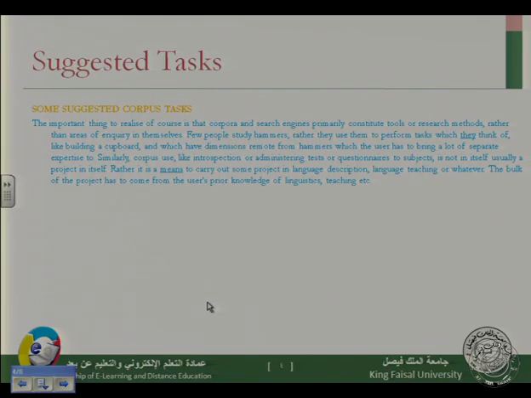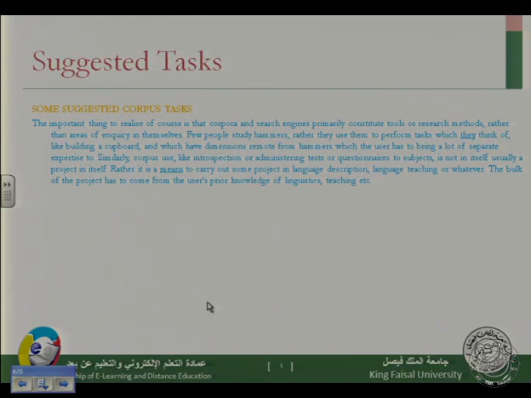Similarly, corpus use, like introspection or administering a task or questionnaires to subjects, is not in itself usually a project in itself. Rather, it is a means to carry out some project in language description, language teaching, or whatever. The bulk of the project has to come from the user's prior knowledge of linguistics, teaching, etc.